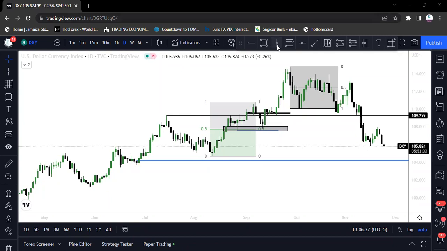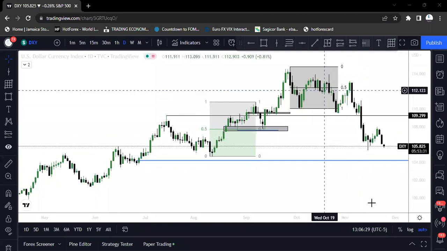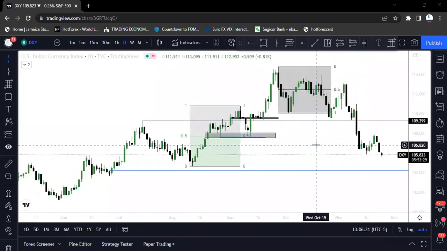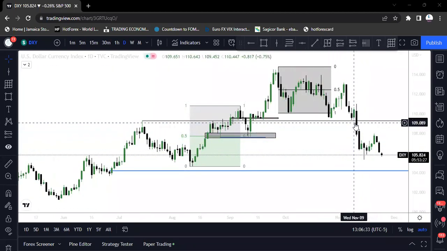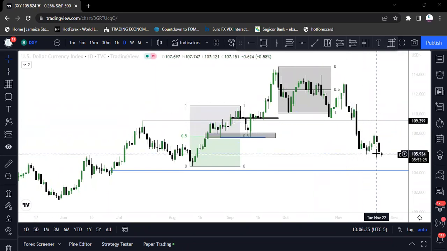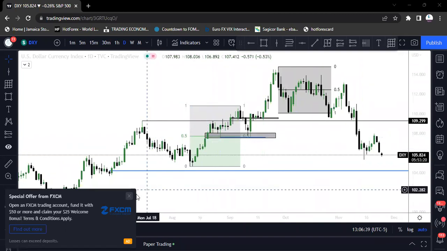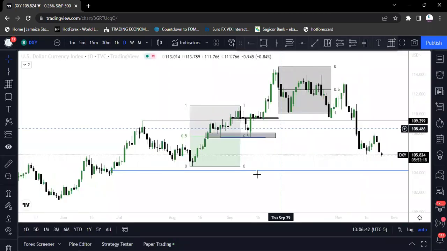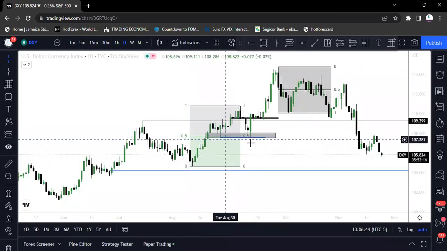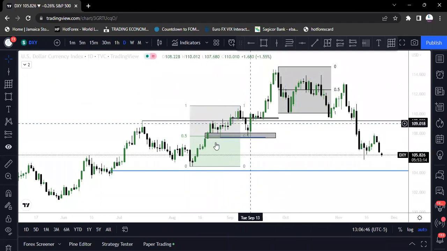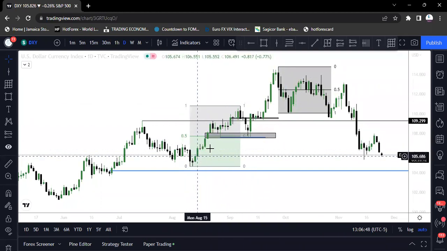DXY market direction. Pretty straightforward here. Lower, bearish. We looked at this. I think the last time I did a live Telegram call, live Zoom call, we're looking at this low right inside here, and then the imbalance inside here.